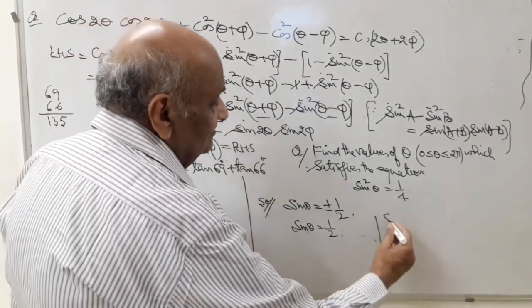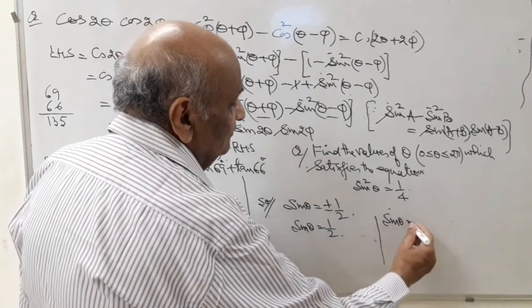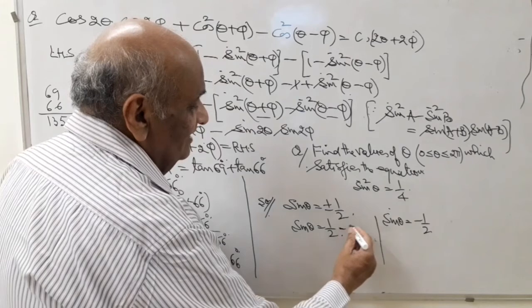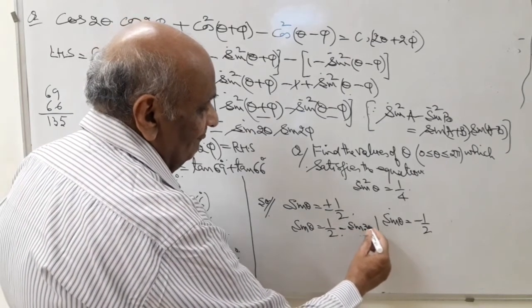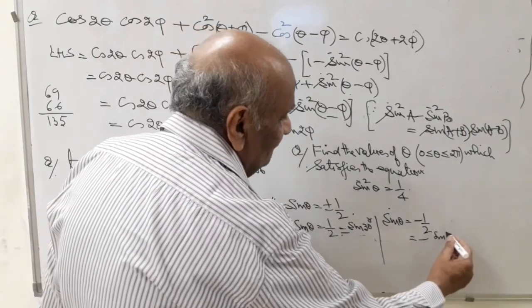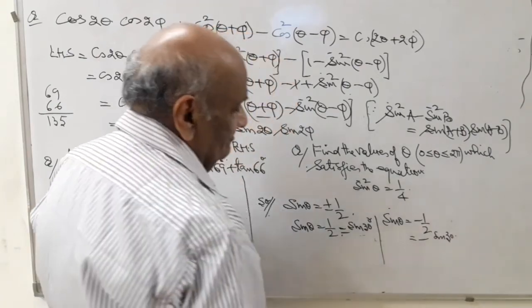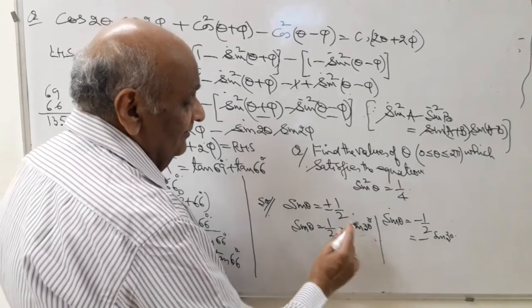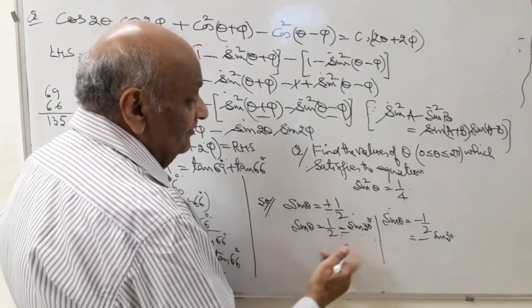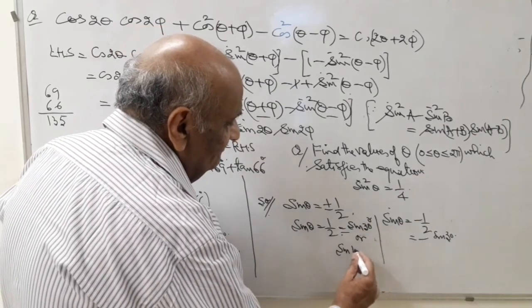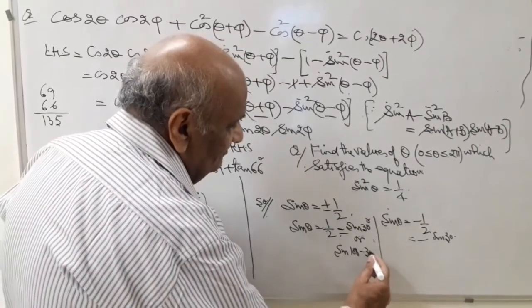Second is sine theta is equal to minus half. So it is sine 30. It is minus sine 30. Sine theta is positive in the first, or here you can say sine of 180 minus 30.